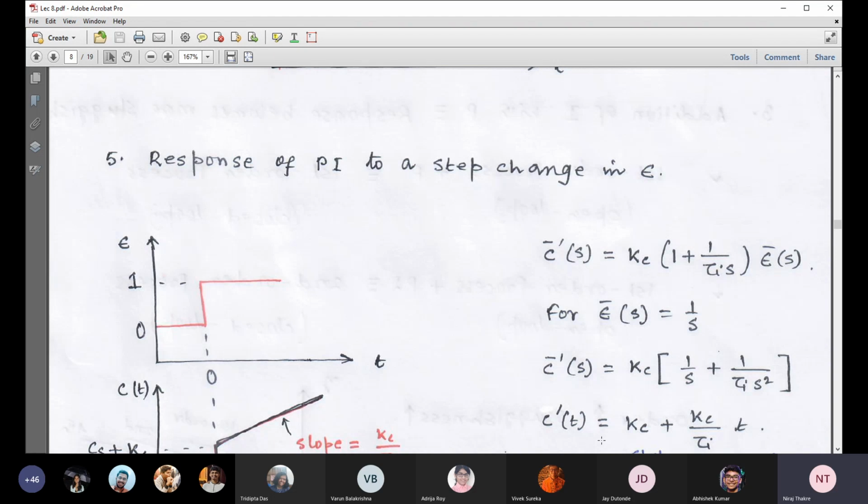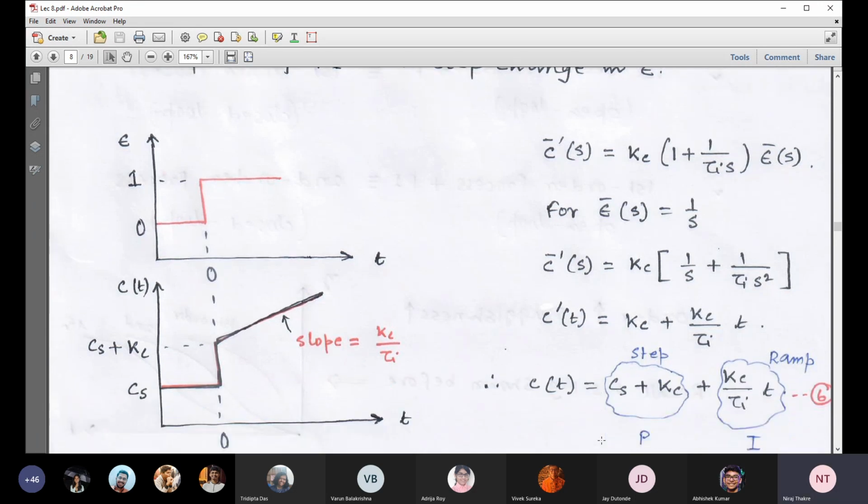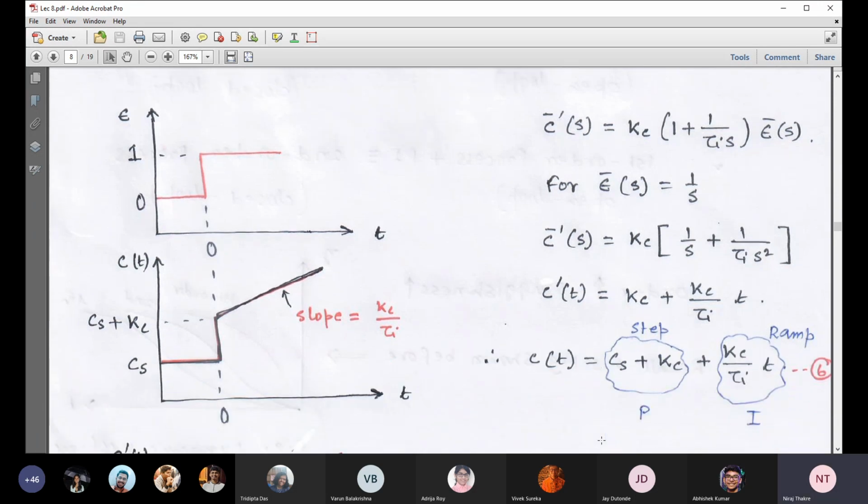Agree? Now the plot is shown in the left hand side. You see corresponding plot we have also developed for P only. And this is drawn for PI controller as well.